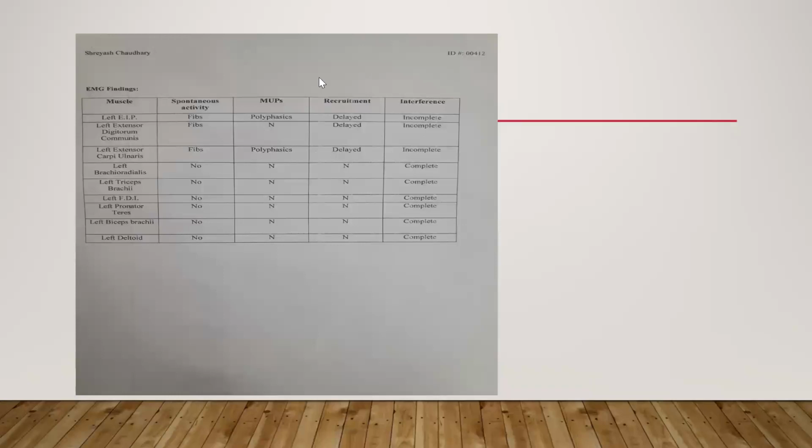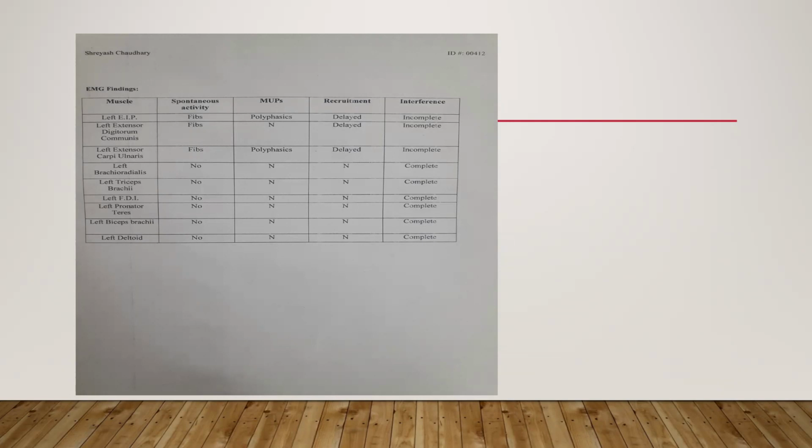Left extensor indicis proprius: fibrillation potentials, polyphasics, delayed recruitment and incomplete interference, suggestive of a neurogenic pattern. Left extensor digitorum communis: fibrillation potentials present and delayed recruitment. Left extensor carpi ulnaris is involved, with fibrillation potentials, polyphasics and delayed recruitment.